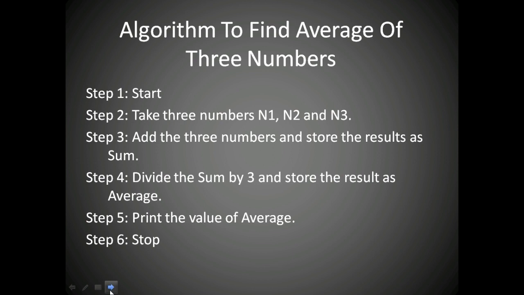Step 1 is start and step 6 is stop, and in the middle: take 3 numbers n1, n2, n3, add the 3 numbers and store the result as sum. Divide the sum by 3 and store the result as average. Print the value of average. Stop. So children, this is the proper use of algorithm, how we write the algorithms.